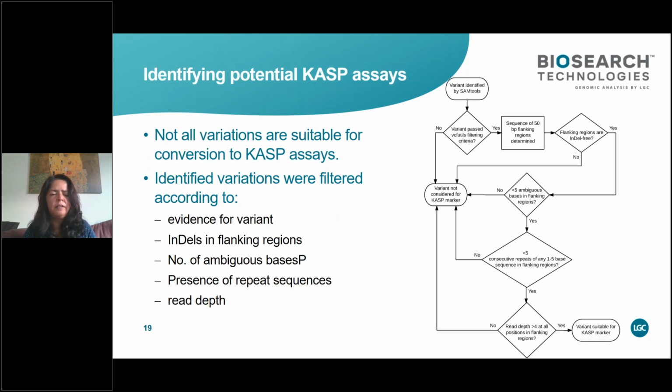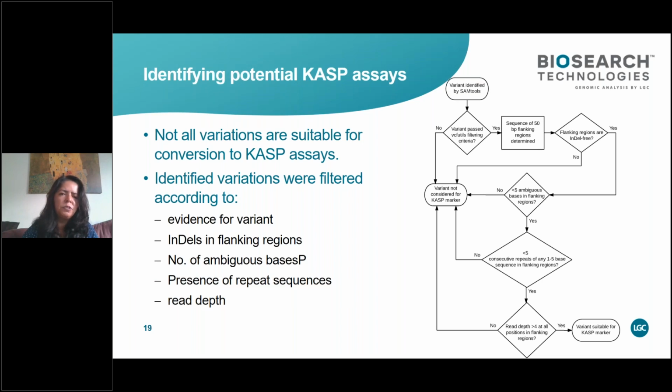So the pipeline involved filtering on the evidence of the variant, by which we mean that there is a polymorphic SNP at that position, the identification of indels in the flanking regions, the number of ambiguous bases within the 50 base pairs on either side of the target SNP, the presence or absence of repeat sequences surrounding the SNPs, and of course, one of the important things was to ensure we had a good read depth to identify absolute sequences.